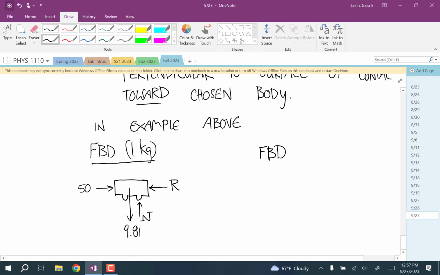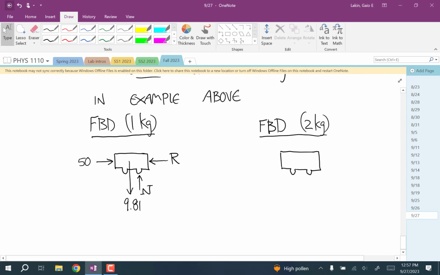So now the free body diagram of the 2 kilogram. There's the outline. The weight force is 2 times 9.81, so 19.62 newtons.